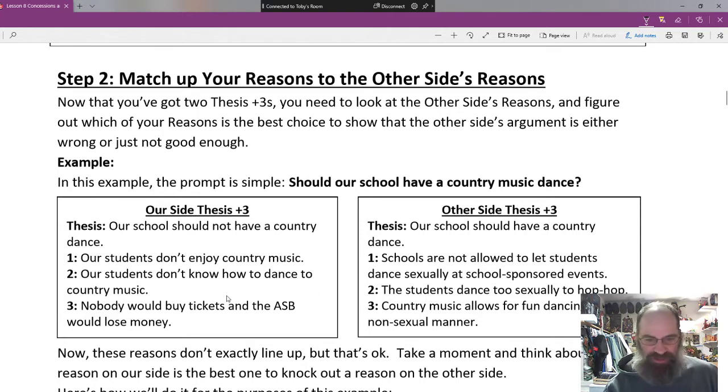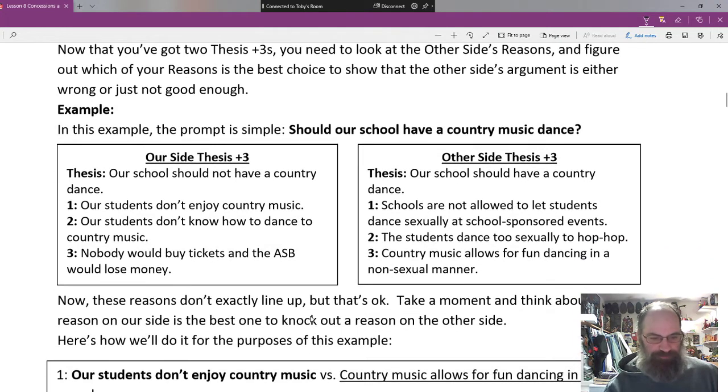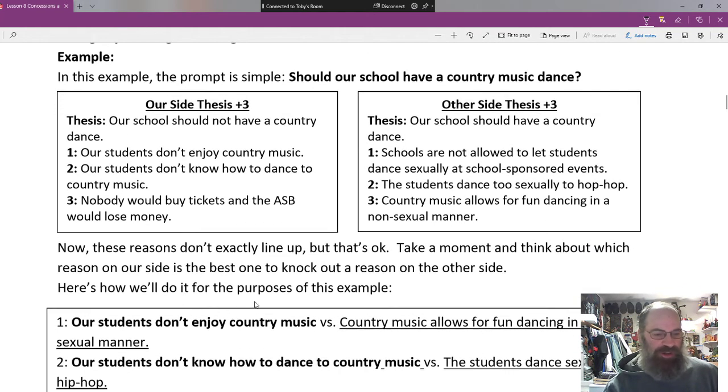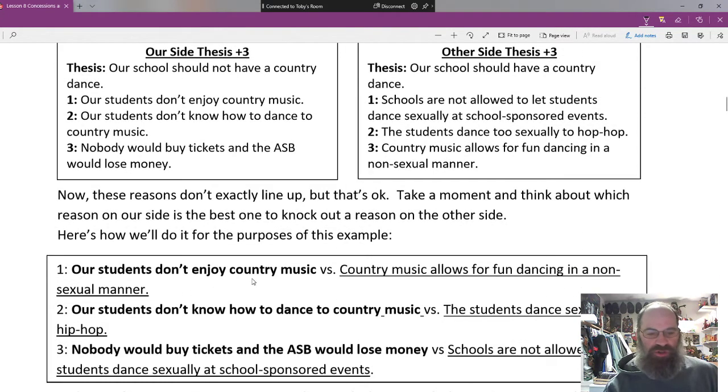So notice how these things match up. Now notice that these reasons don't line up, but that's okay. You have to take a moment and think about which reason on our side is the best one to knock out a reason on the other side. So we're going to do it. Here's how we're going to do it. Our students don't enjoy country music versus country music allows for fun dancing in a non-sexual manner.